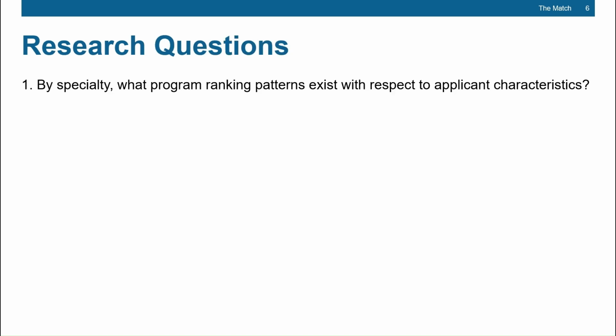Our first research question is, by specialty, what program ranking patterns exist with respect to applicant characteristics? We mentioned earlier that our presentation today is going to focus on just a piece of a bigger collaborative project. That larger project will include a wider array of applicant characteristics, but today we're going to focus on just a few.